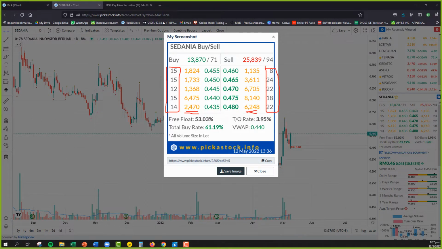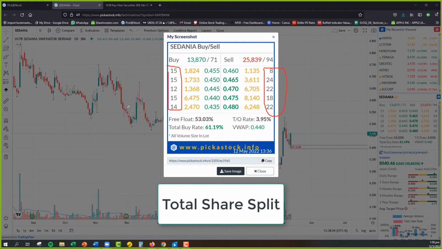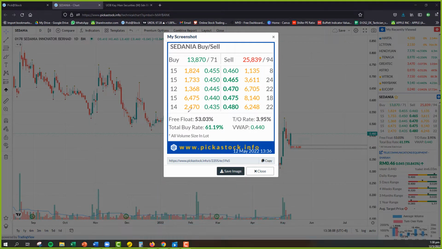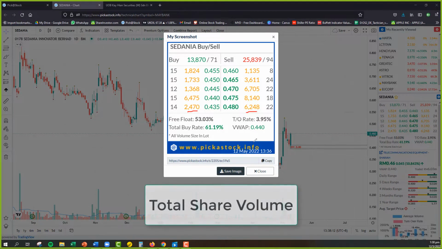First of all, ladies and gentlemen, the first number here, this one, and the other end for this one, is the total share split. On the other hand, the yellow-colored number, this one right here as well as this one, is the total share volume.